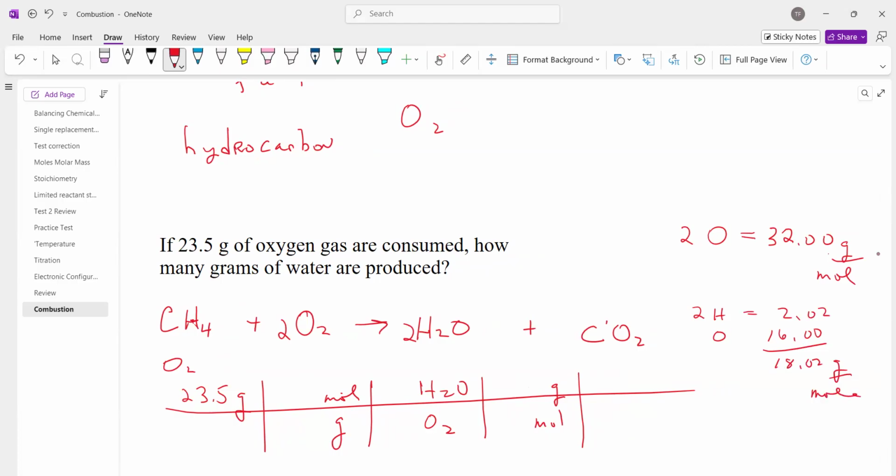Okay, so we have 32 here. And we have 18.02 here. Now, for those of you who like parentheses better than railroad tracks, that's what your parentheses would look like.